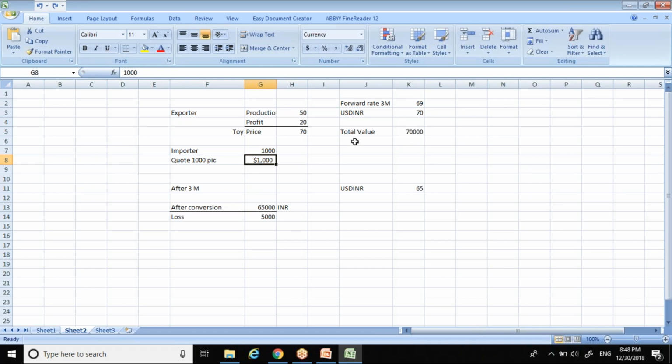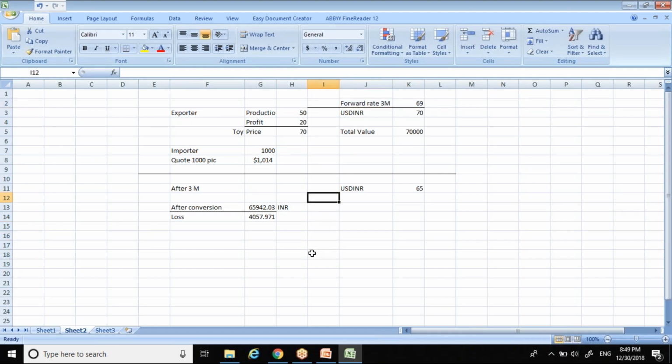So for 70,000, hold on. First, you're going to quote 1,000 divided by 69. So you quote them around $1,014, right? To get the 70,000 in total value. So this is what you do in the beginning, if you are going for this method, where you are taking a forward rate from the bank.